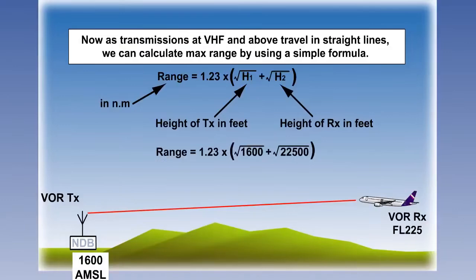So, suppose the transmitter is at 1600 feet above mean sea level, and the aircraft is at 22,500 feet. Their square roots are 40 and 150, respectively. Multiplying by 1.23 gives us the answer 233.7 nautical miles.